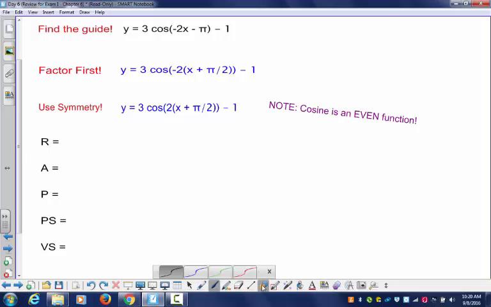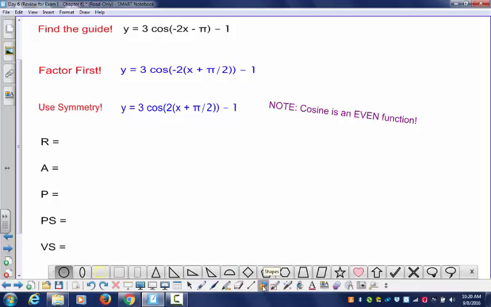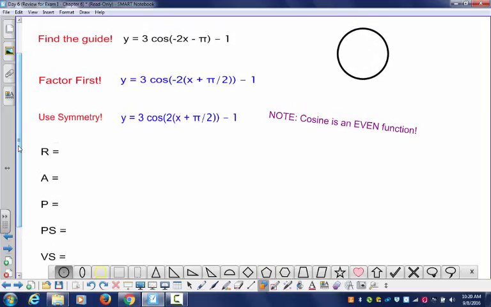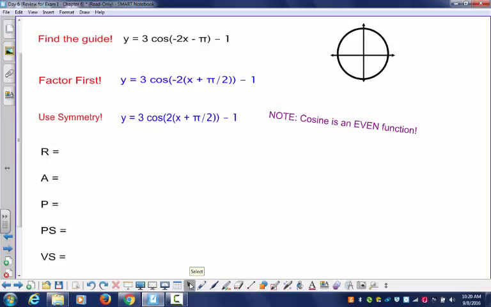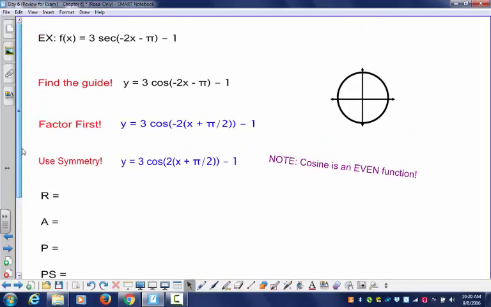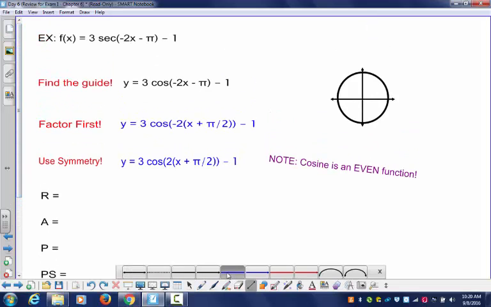Let me just draw a quick little reminder up here of why cosine and secant are the only two that are even. Let's just remind ourselves why this is true. Really important to be able to visualize this. If we consider that angle theta, then this would be angle minus theta.